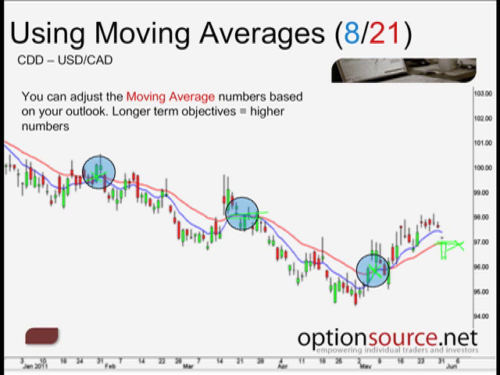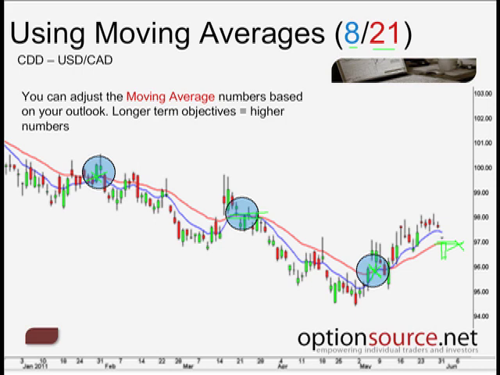And just an important consideration for your moving averages as well. As I mentioned, I have on here my 8-bar and 21-bar moving averages, the 8-bar is blue, the 21-bar is red.